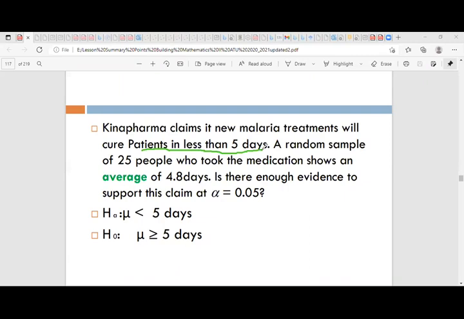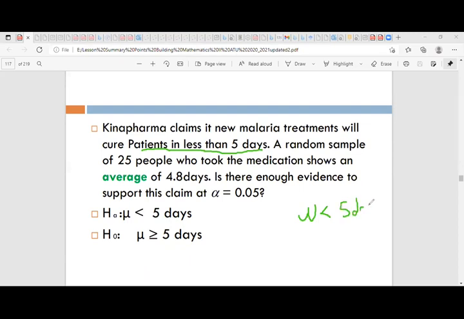So on the average, people will recover before what? The 5 days. So an average of less than 5 days is a recovery time for their new malaria treatments. So averagely, what Kina Farmer is saying is, patients will recover in less than 5 days.